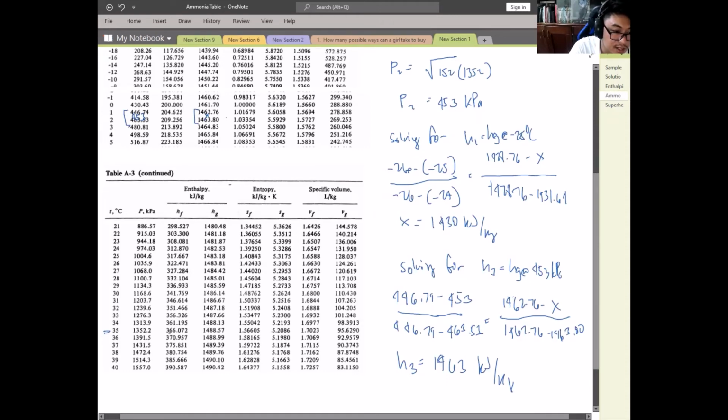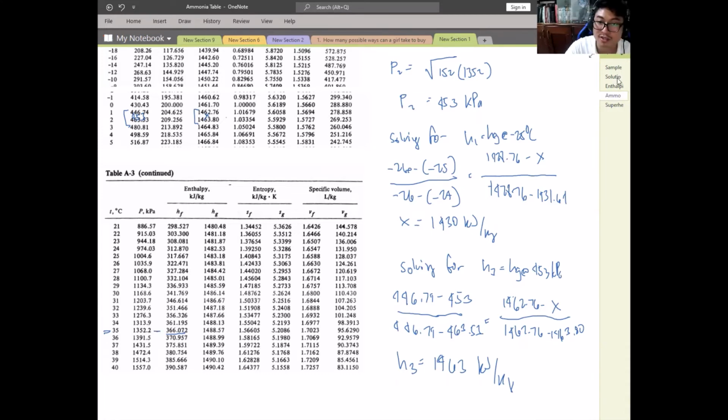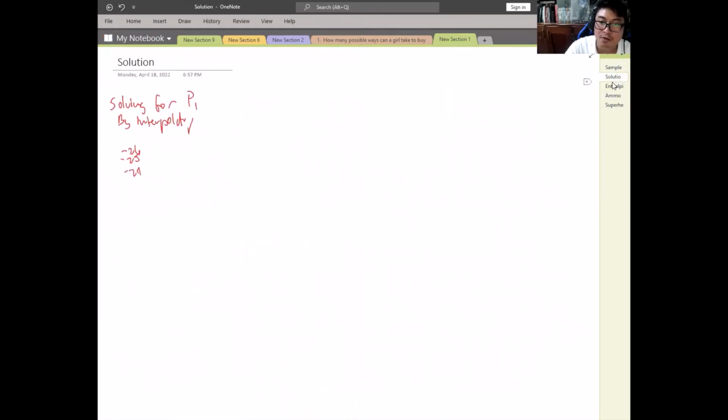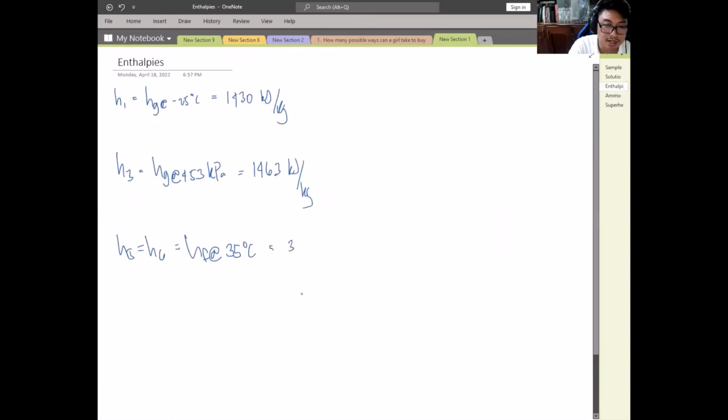So HF is 366.072. Okay. So double check, baka maduling, baka yung sa baba yung mailagay. So that is 366 na lang ilalagay ko. Pwede naman po i-round off kasi naka-kilojoule per kilogram po tayo. 366 kilojoule per kilogram.